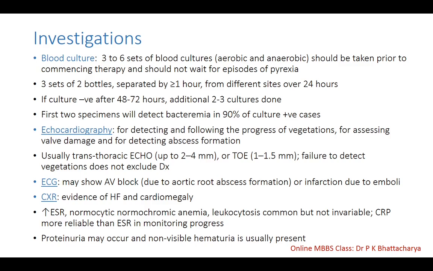In the urine, proteinuria because of acute glomerulonephritis and microscopic hematuria. That means the person has a normal looking urine, not colored urine, but there will be RBCs on microscopic examination. We call it microscopic hematuria.